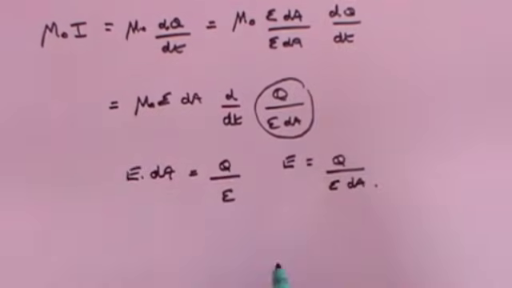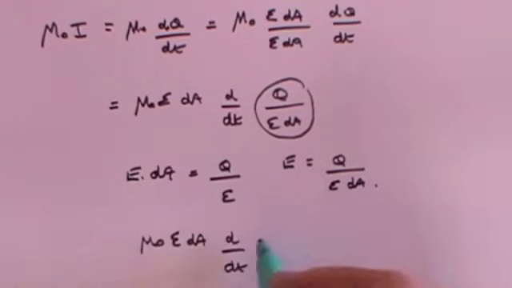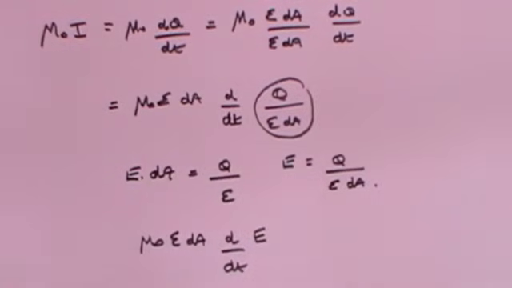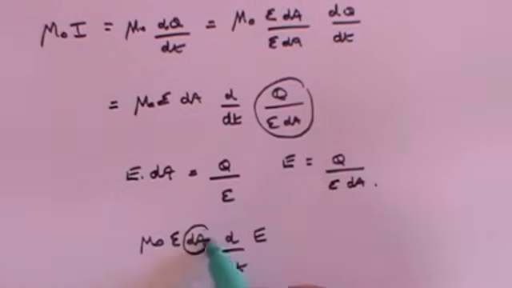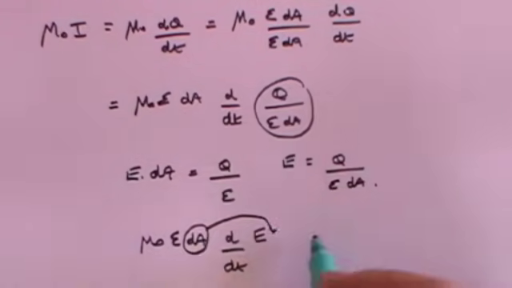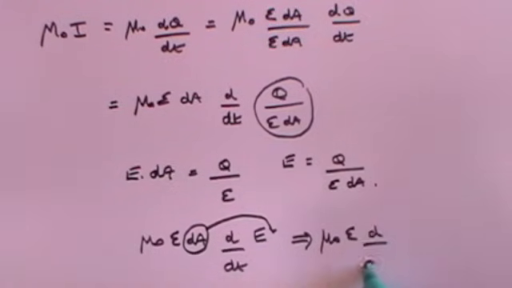And so now we can write this term as mu0 epsilon dA times d by dt times E, the rate of change of field with time. But I can go further. I can take this dA term and bring it here. So we now have mu0 epsilon d by dt of E dA.